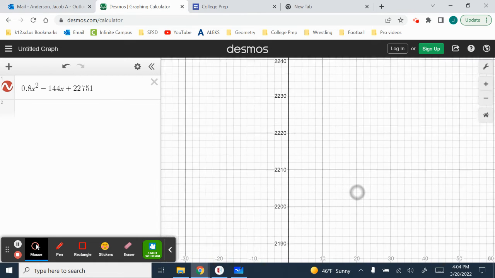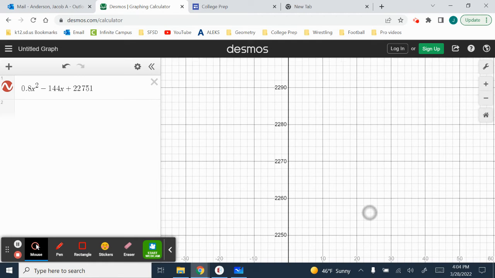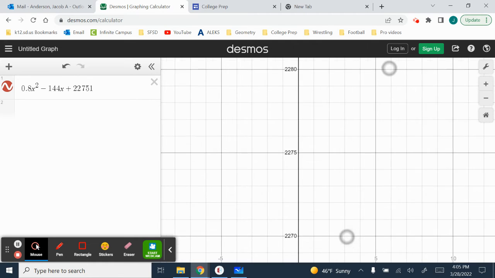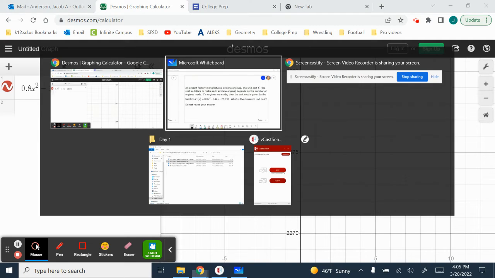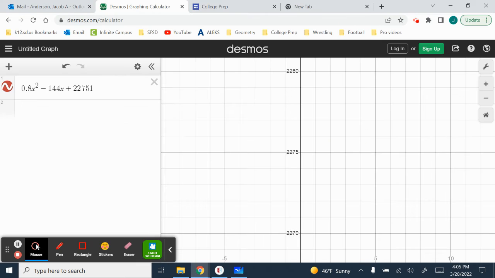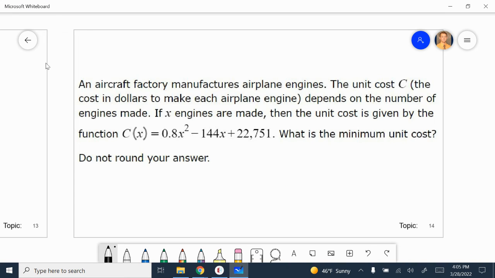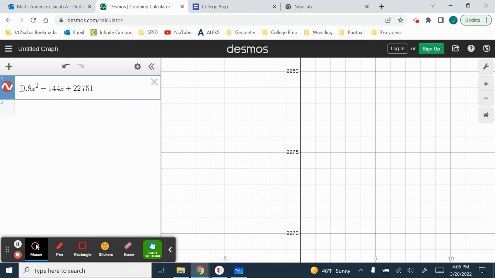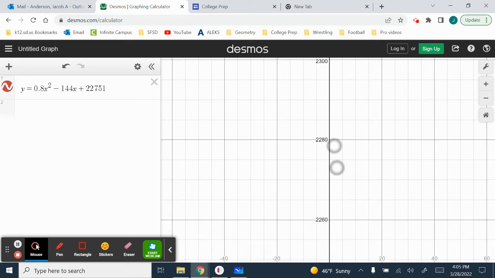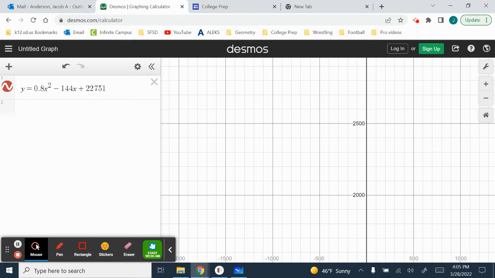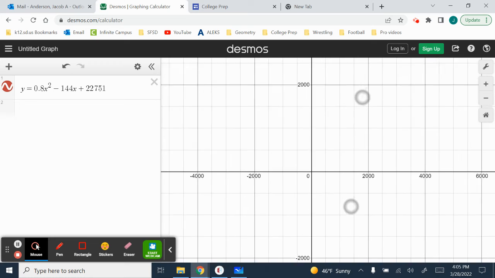That's 144. It's 22,751. Maybe I need a y equals in front. I don't know. I'm a little stumped on why it's not showing up now, because it should be up there.